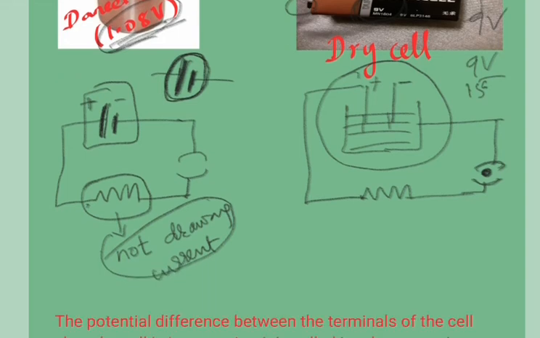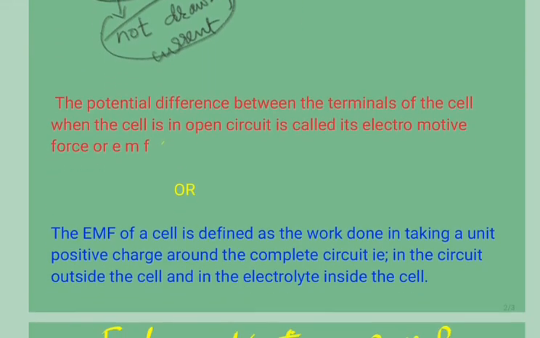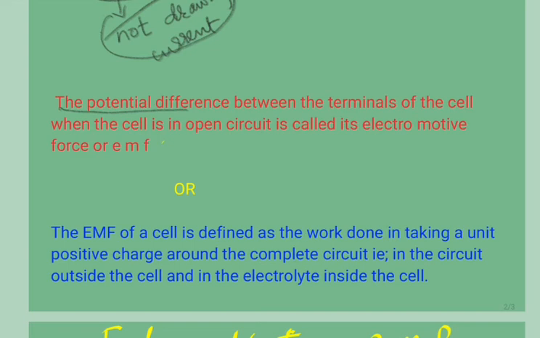Okay, now we will define EMF in detail. The potential difference between the terminals of the cell when the cell is in open circuit, open circuit meaning when the cell is not used, is called electromotive force, and it is abbreviated as EMF. And it is written like this.